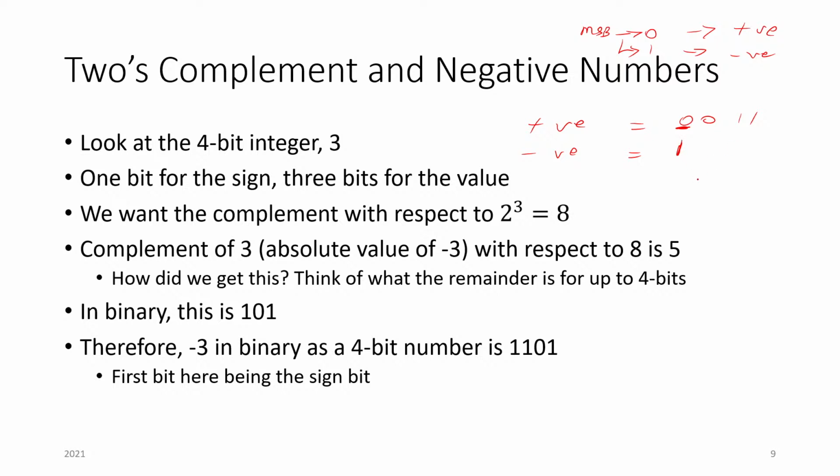That 1 here represents -8. And then the remainder here needs to add to this in order for us to get back this value of -3. So to get from -8 to -3, we need to add a value of 5 here. And 5 in binary is 101. So that's how we get 101 here as a result.